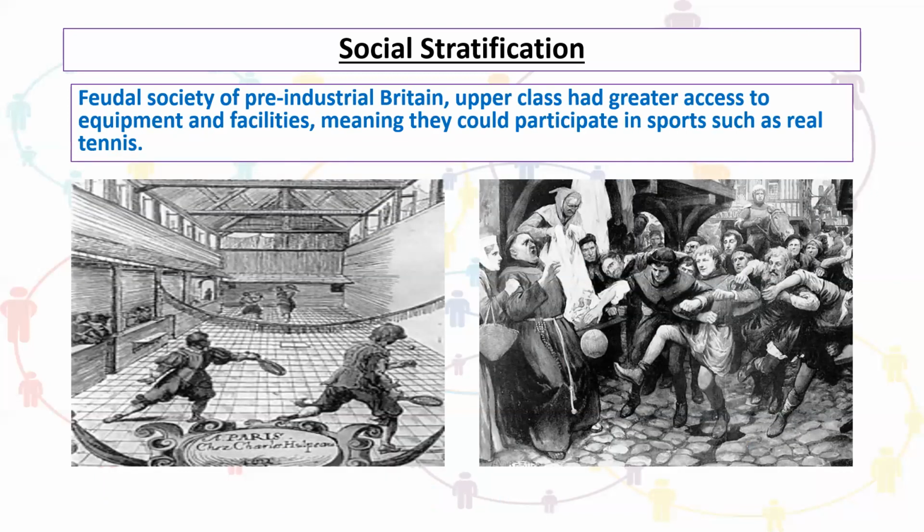So an example of that, as I said, back in the early 19th century, in feudal, pre-industrial Britain, you had the upper class, and this is where it brings in the relevance of sport. Even back then, the upper class had greater access to equipment and facilities, and that meant they could participate in sports such as real tennis, because real tennis required expensive and almost rare facilities.